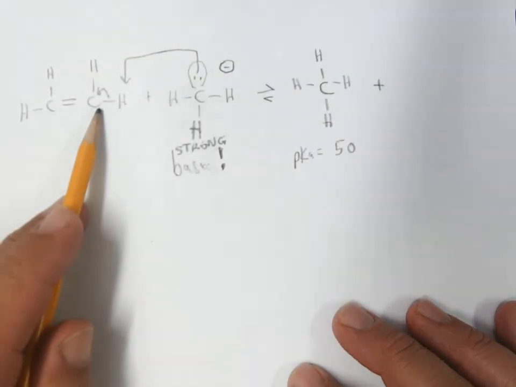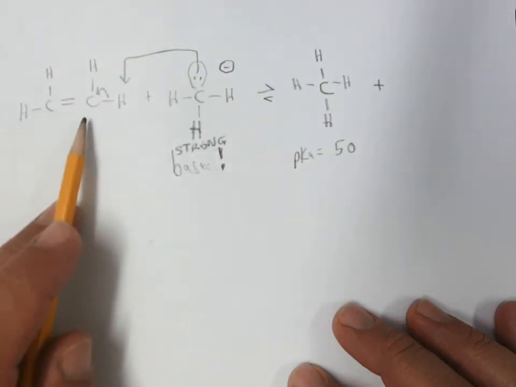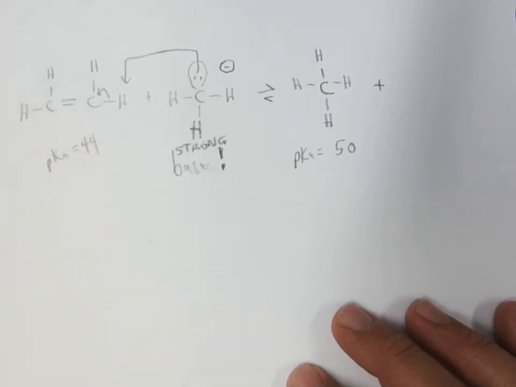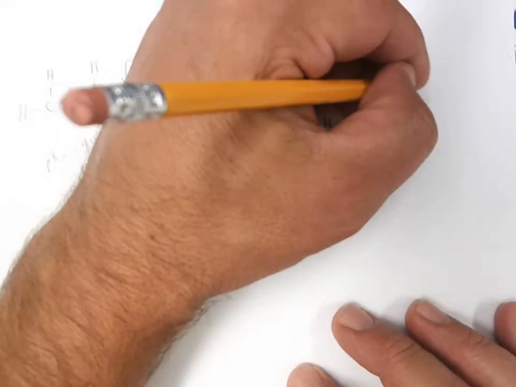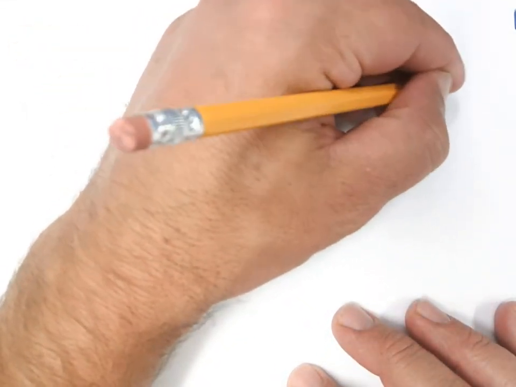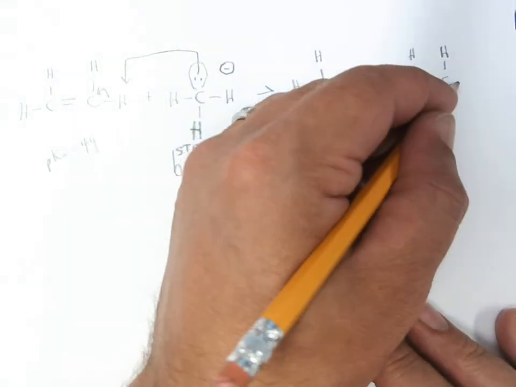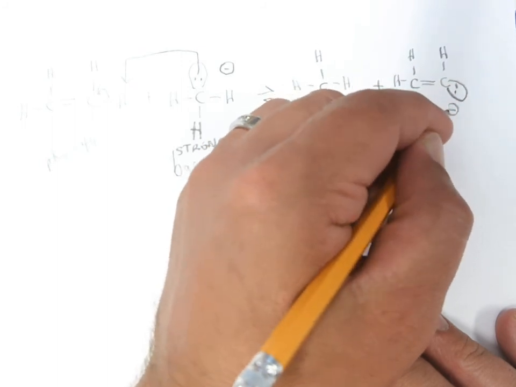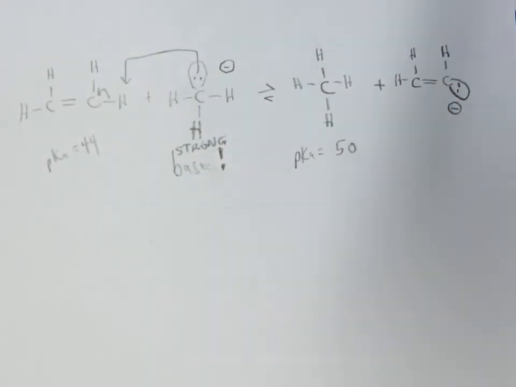And then when we deprotonate the ethylene, which was pK equals 44, most of the molecule remains unchanged. But now the bonding pair that used to hold the hydrogen on turns into a lone pair, and because we lost something positive, we now have a negative charge on this side.